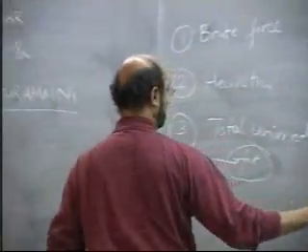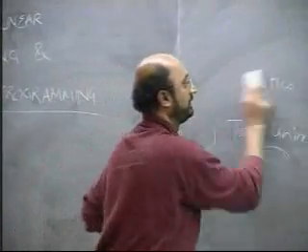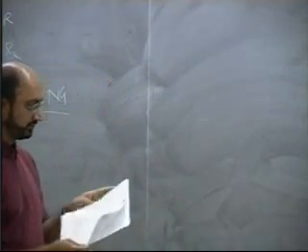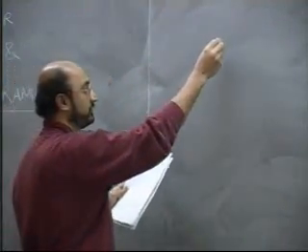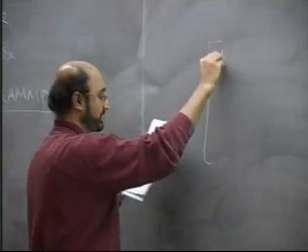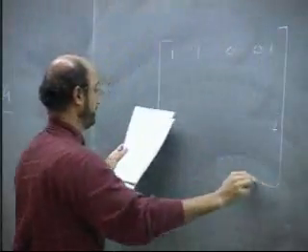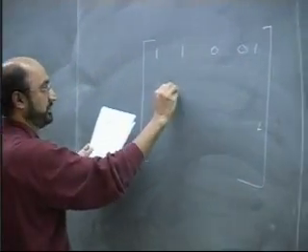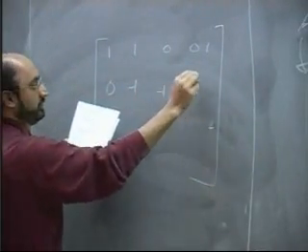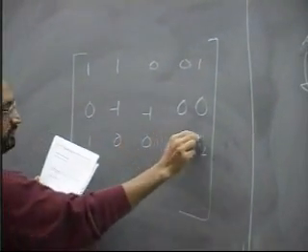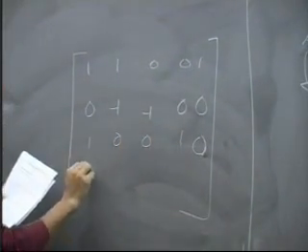And just to give you an example, I have an example over here, and we can check whether it's totally unimodular. It is totally unimodular because I made it that way. 1, 1, 0, 0, 1, 0, minus 1, minus 1, 0, 0, 1, 0, 0.